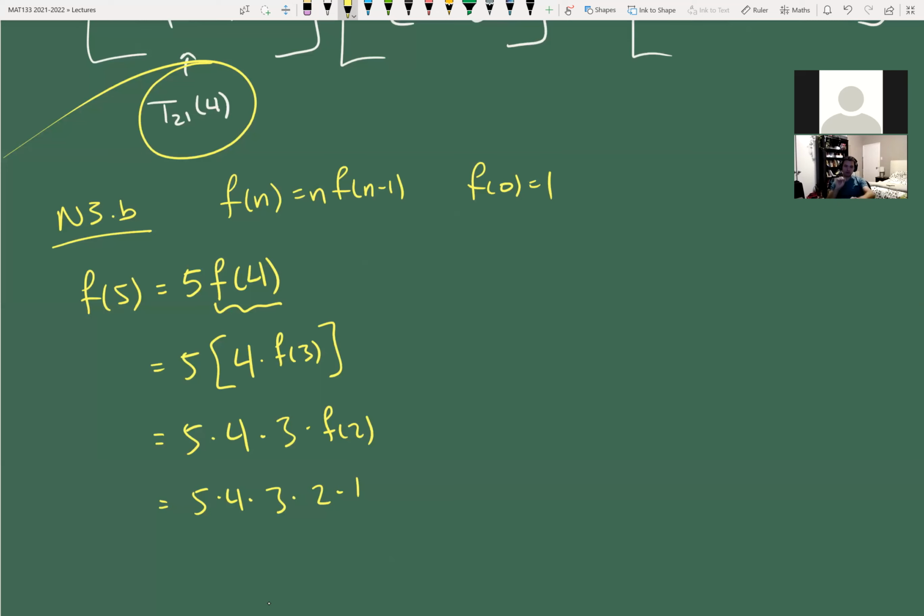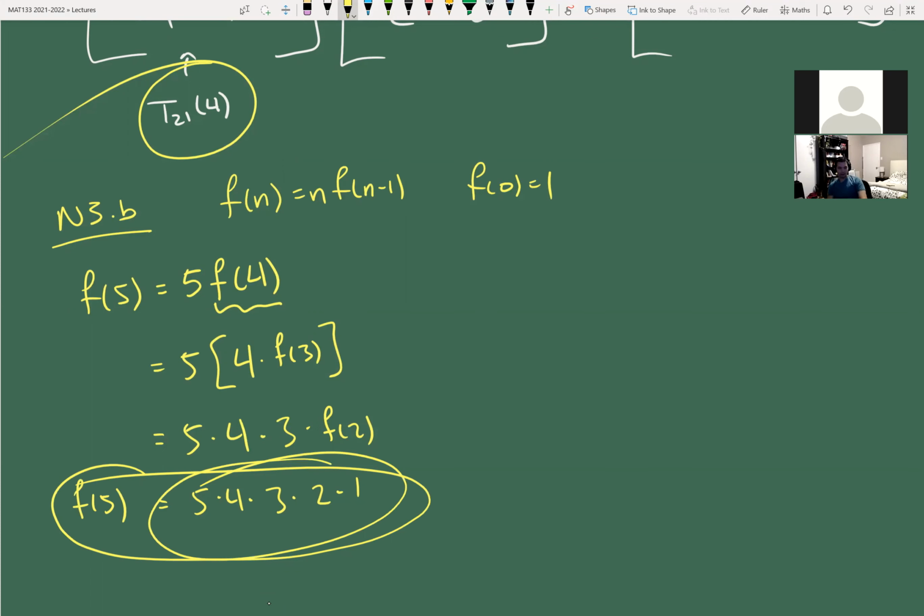And so you end up getting this thing that doesn't involve any f's, right? At the end of the day, you can compute f of 5 without using any f's. So the question is, figure out a way of writing this down without any f's in it. Okay, so there should be no f's on the right-hand side.